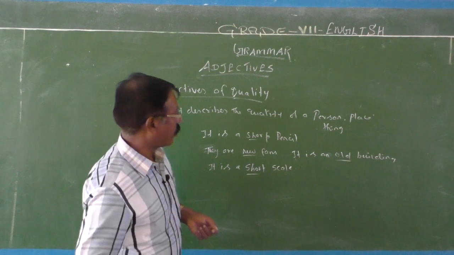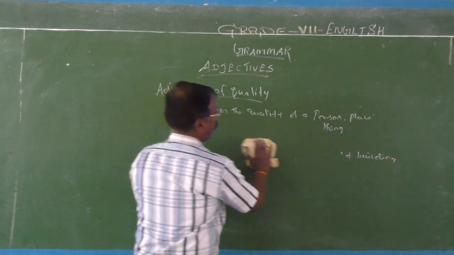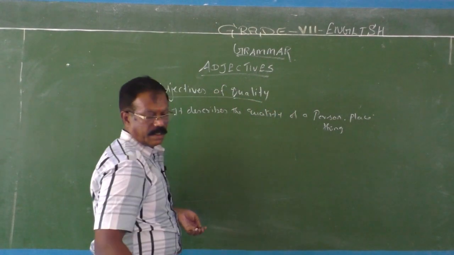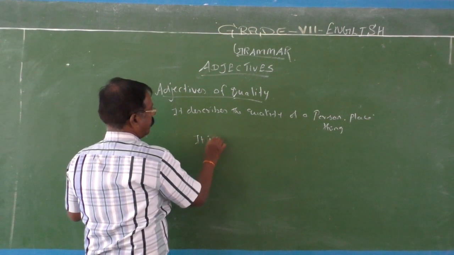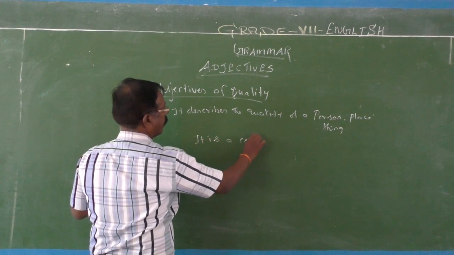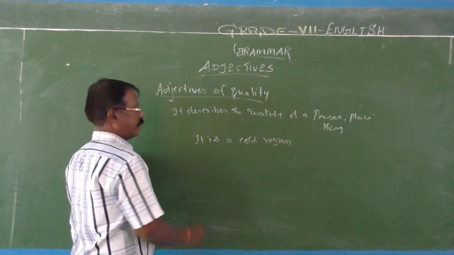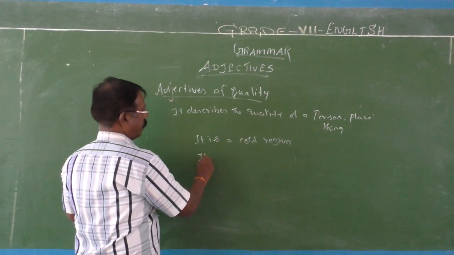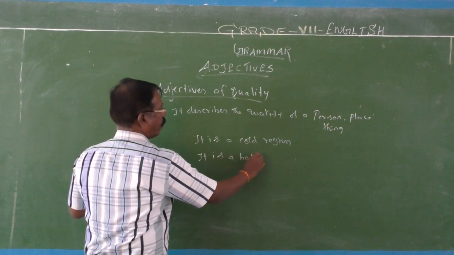For example, it's a cold region. How can an adjective describe a place? I would like to give you an example for such things also. It is a cold region. Okay. It is a hot region.